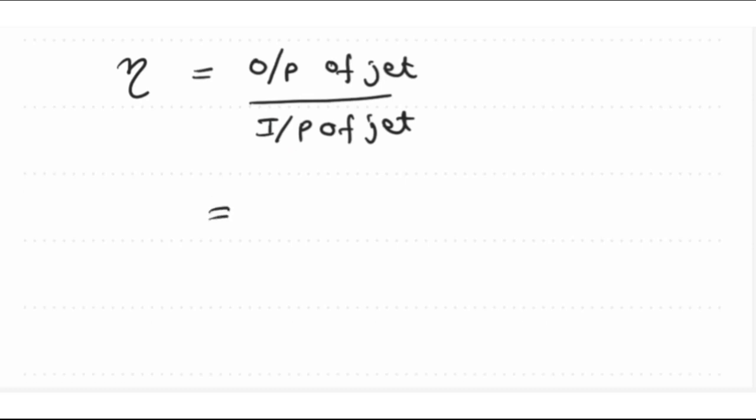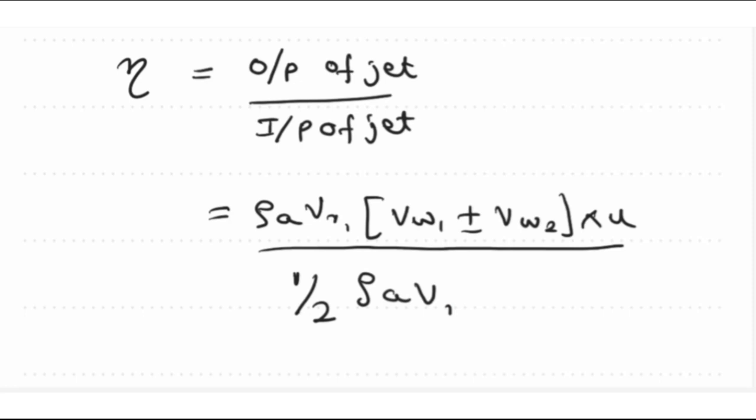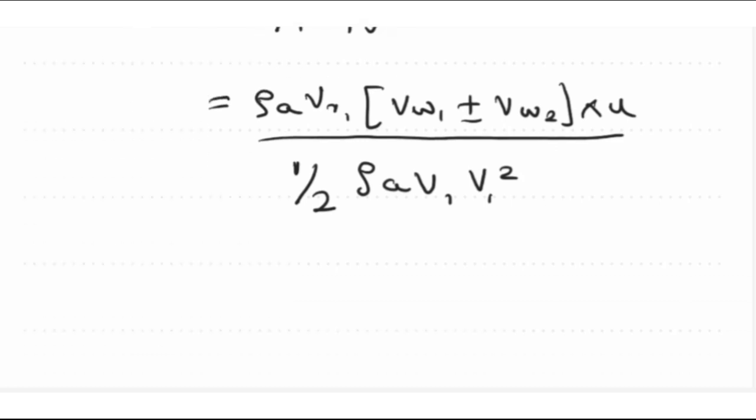So output of jet is nothing but work done, so rho into A into VR1 into VW1 plus or minus VW2 into U. Input of jet is nothing but kinetic energy, half into rho into A into velocity cube, so that is V1 cube.